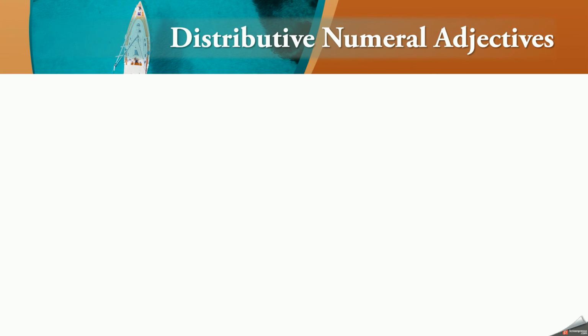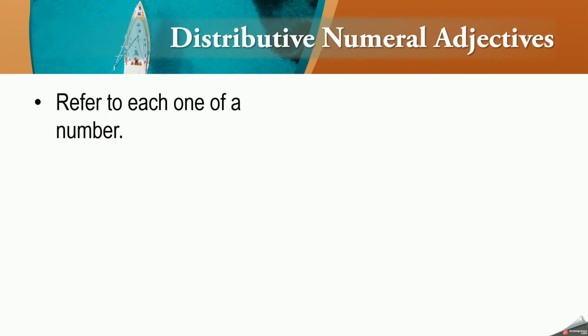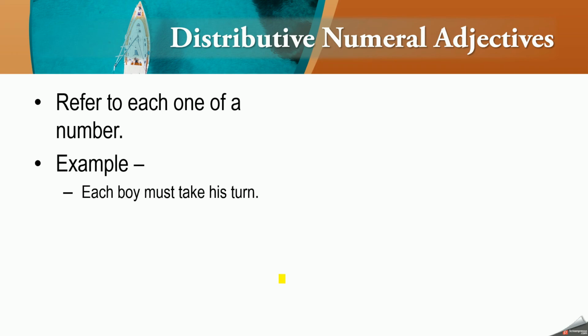Next is distributive numeral adjectives. They refer to each one of a number. For example, each boy must take his turn.